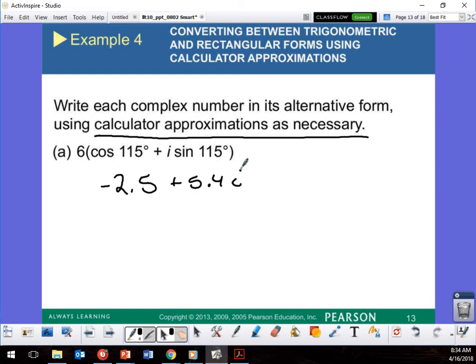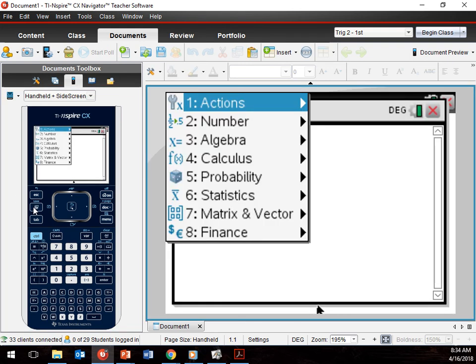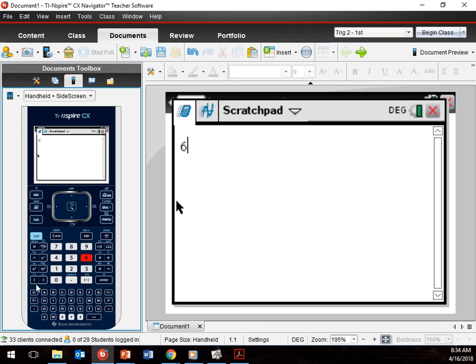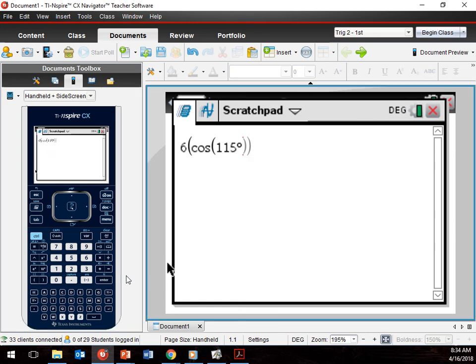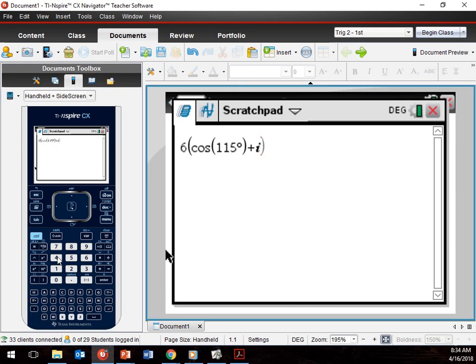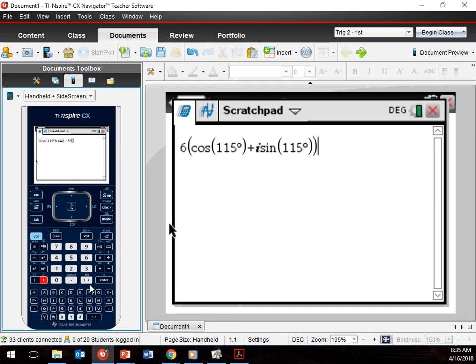Now that my calculator's back up, let's see. What was it? 6 parentheses cosine 115 degrees, plus i sine 115 degrees.